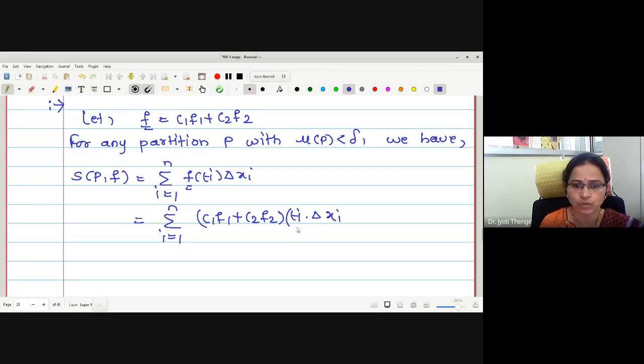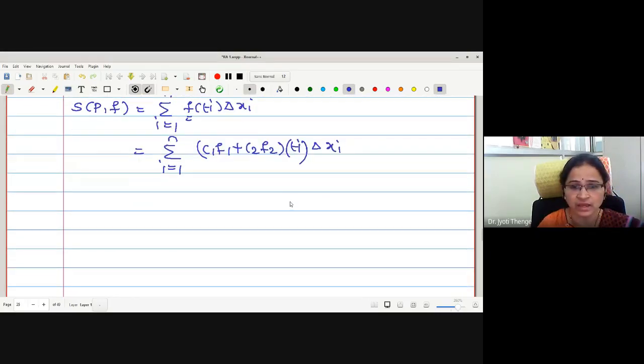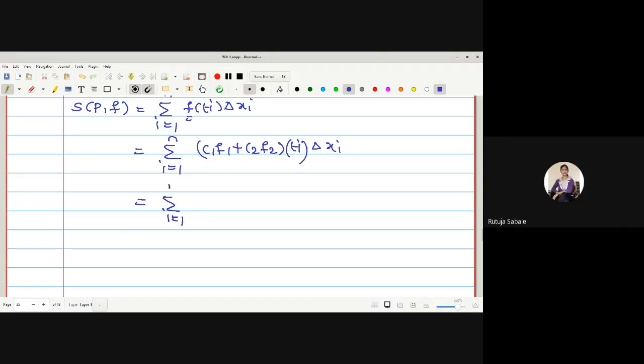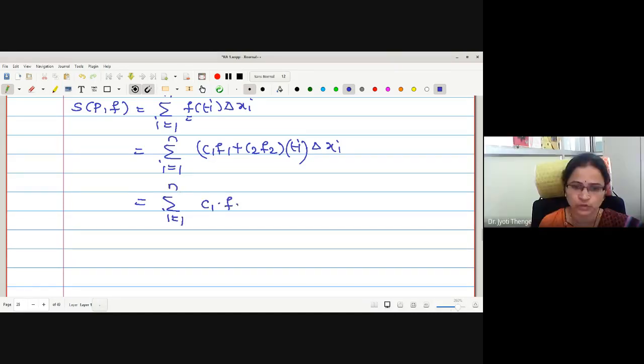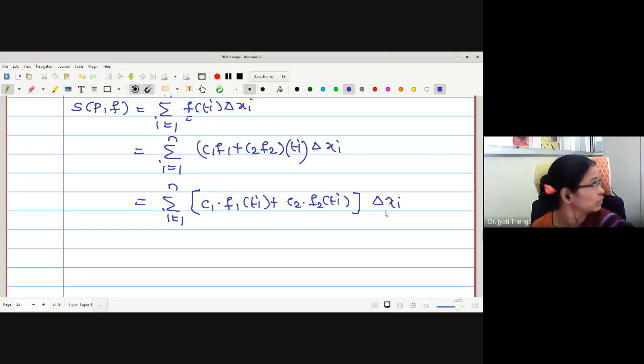How can I operate this on Ti? Can anyone tell me? How can I operate the linear combination of functions on Ti? C1 F1 of Ti plus C2 F2 of Ti. Good. C1 F1 of Ti plus C2 into F2 of Ti, into delta xi.